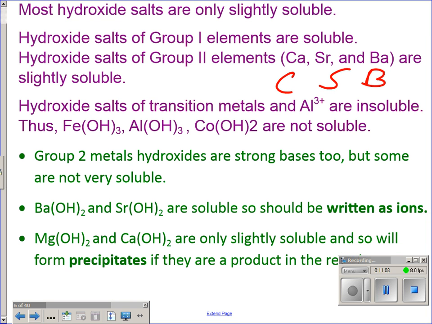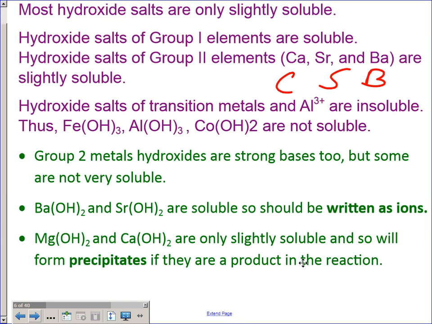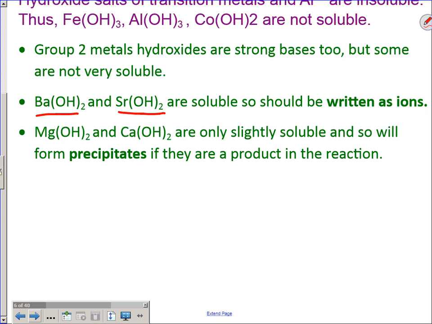Let me minimize this thing real fast. Try my best to stick to this. Barium hydroxide and strontium hydroxide are soluble enough that they should be ionized. Because remember, it says hydroxides are all insoluble except for CBS, meaning they're soluble, they're ionizable. But we're going to stick to the differences because there is a difference between those two.